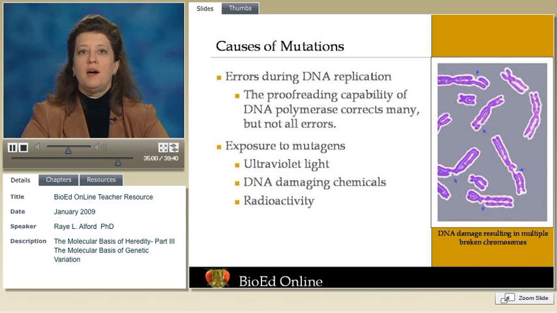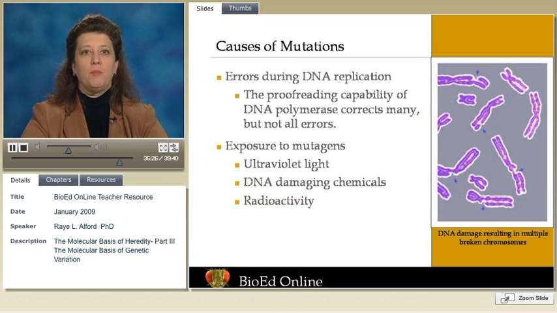The most common causes of mutations in DNA are errors during DNA replication and exposure to mutagens. Although the proofreading capability of human DNA polymerase reduces the error rate of DNA replication to less than 1 base per billion base pairs replicated, mutations can remain after DNA replication.